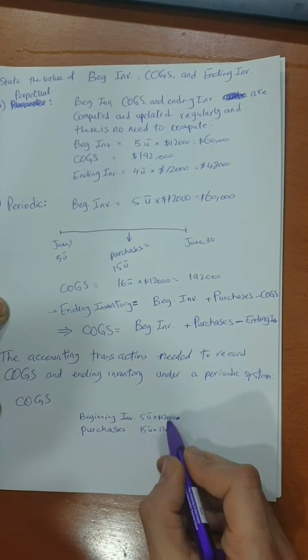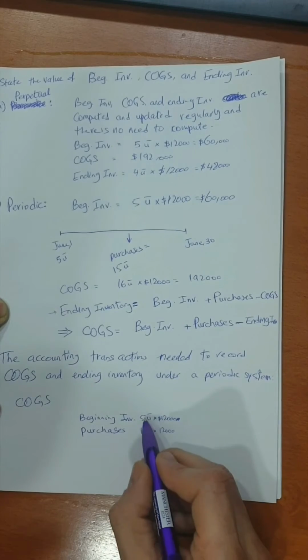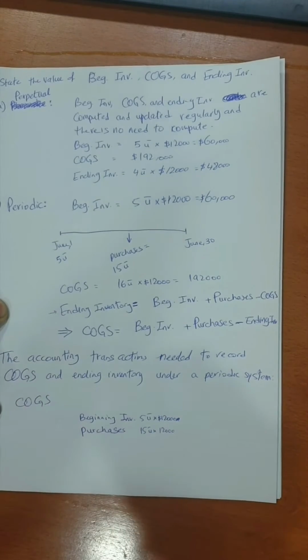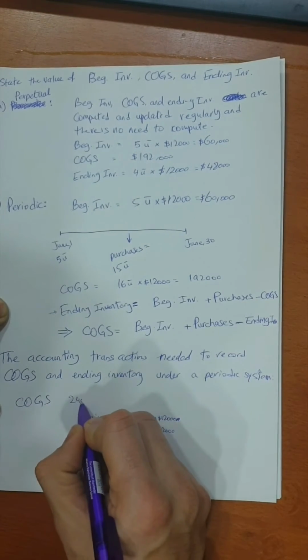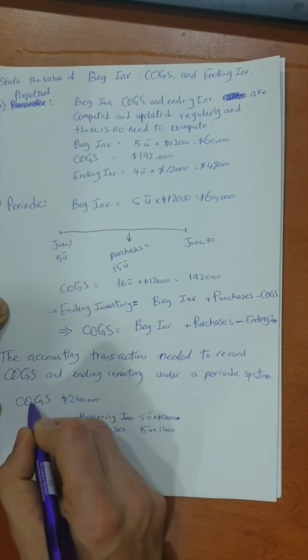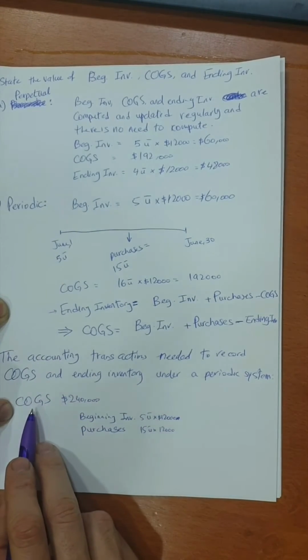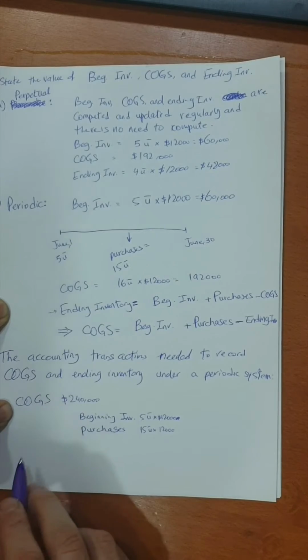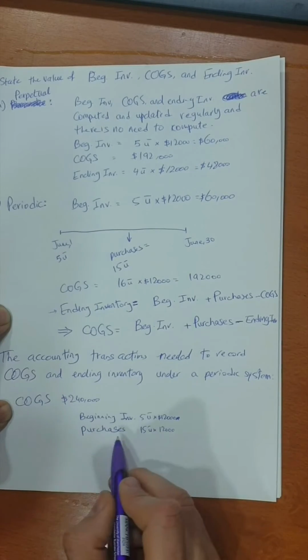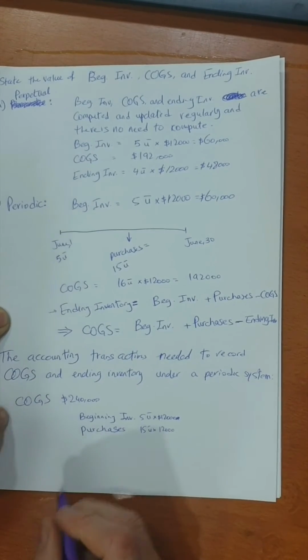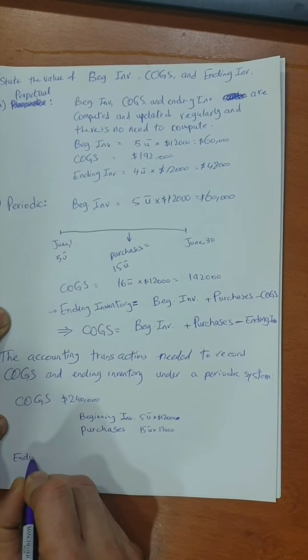So basically the sum of these two is $240,000, which is 20 multiplied by 12. So we know that this number is equal to $240,000. Is this the cost of goods sold? No, it's not. How can we adjust this? We adjust this by returning to the warehouse what was left, which is the ending inventory. So debit ending inventory.